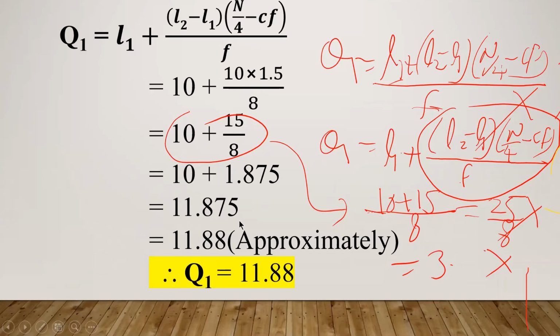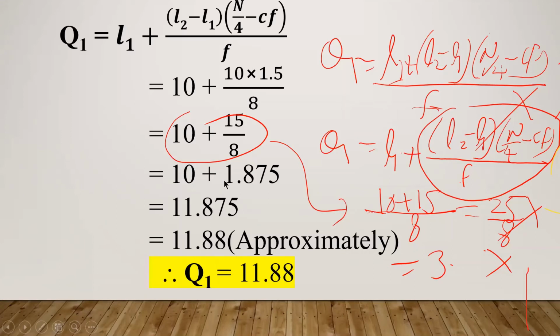That is giving you 11.875. Now if you want to take only two values after the decimal, then you have to round that value. That is called rounding off. In the book also, if you look at the answers, only two values after the decimal are given. Look at the values after the decimal: I have got three values, and I want to take only up to two values.